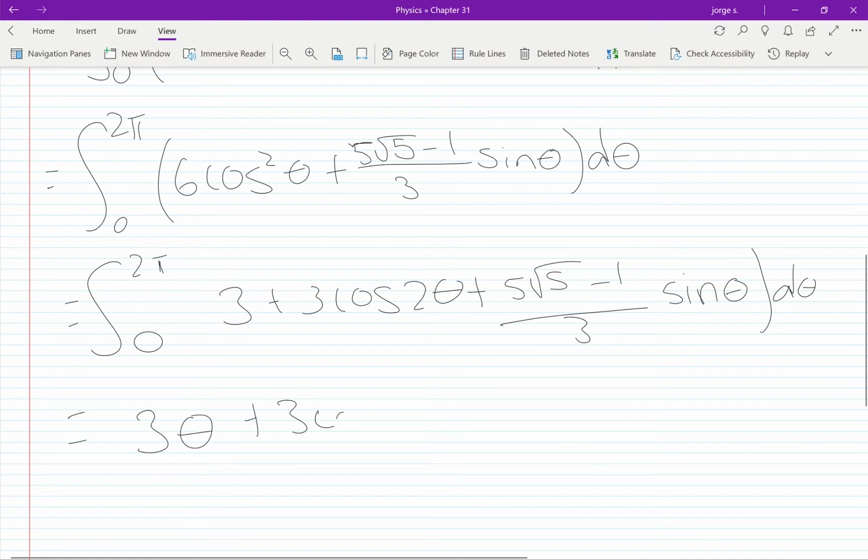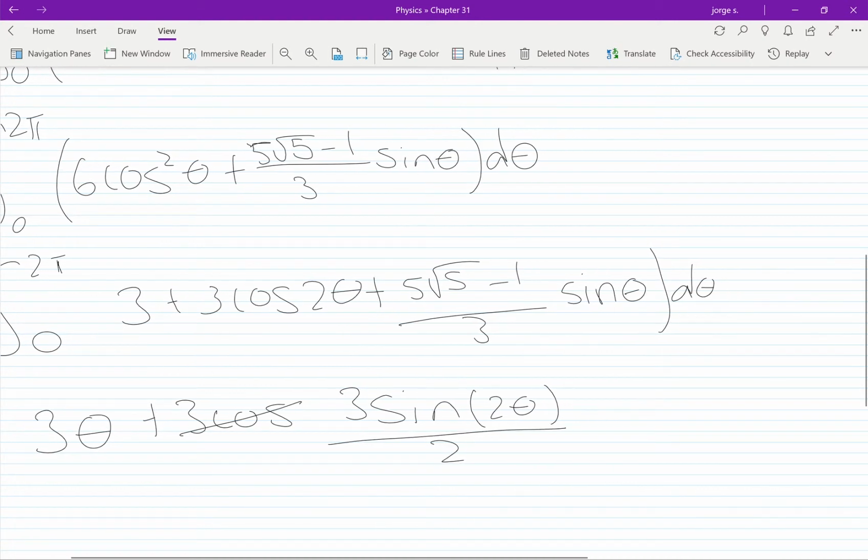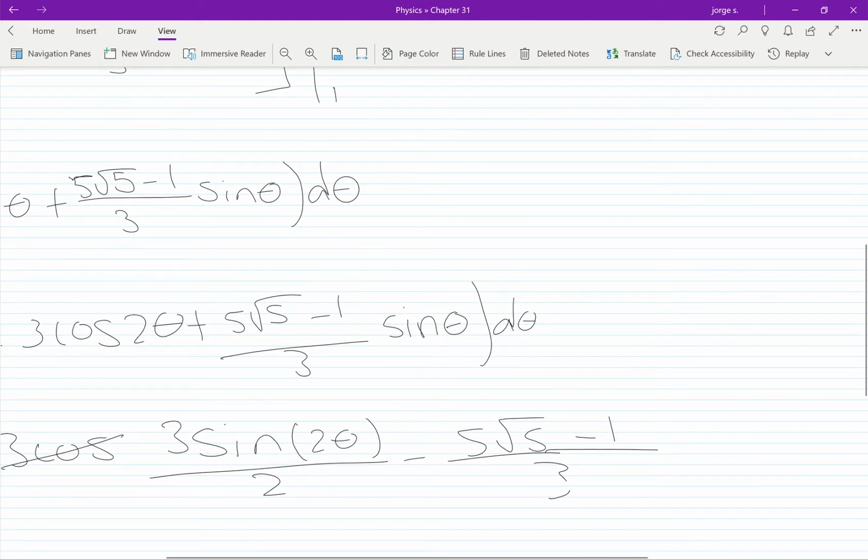This 3 cosine 2 theta becomes 3 sine 2 theta over 2. Don't forget that 2. And this one is 5 root 5 minus 1 over 3. Since it was a sine, it converts it to a cosine. It's a negative 2, don't forget.